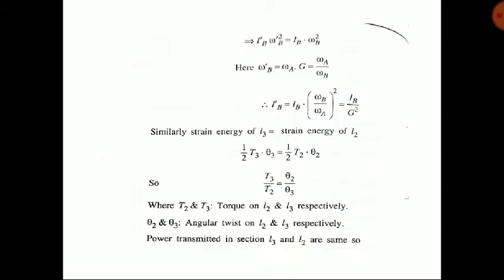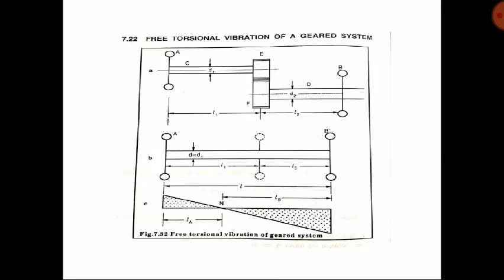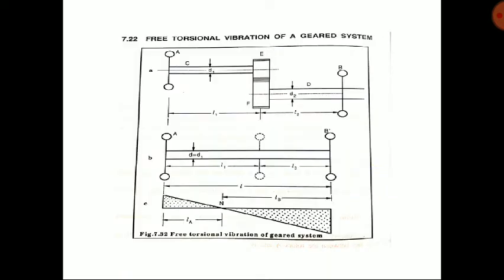L3 and L2. So what we are getting? T3 into omega A is equal to T2 into omega B. How you are getting T3, T2 here? Means you can see here L3. L3 means corresponding section. L3, torque into omega, that is T3 into omega B dash. Clear? Omega B dash, instead of omega B dash, what you can substitute?